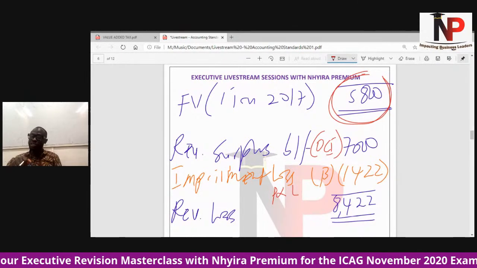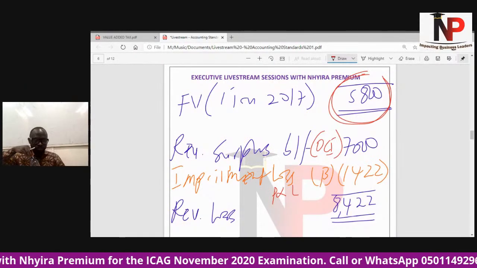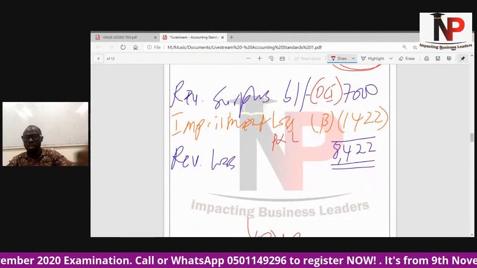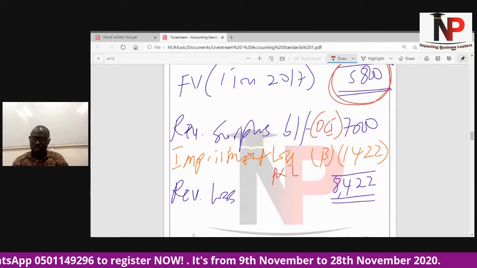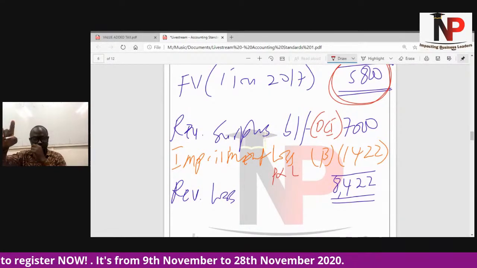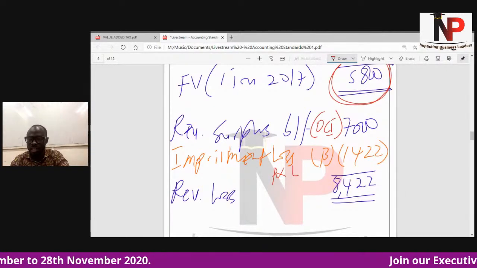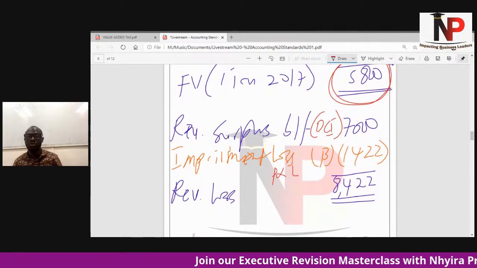Now, remember the treatment here about the subsequent revaluation loss. That is what the examiner wanted to see, how you're going to be accounting for that. So remember, the previous revaluation surplus will now be negated in the OCI, 7,000. Then the balancing figure goes to the P&L account, and then we get our total revaluation loss.